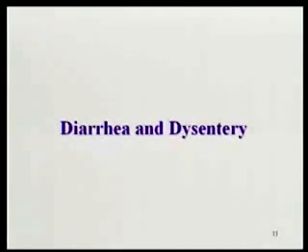Dysentery, on the other hand, refers to what happens to the lining of the intestinal tract. It refers to the fact that there's going to be injury going on, and there's going to be infiltration of white blood cells often, which may show up in the feces, or there may be damage to blood vessels and tissue, which means blood is going to show up in the feces. So that's a dysentery as opposed to a diarrhea. And I do not mean these are absolute things that never happen together.